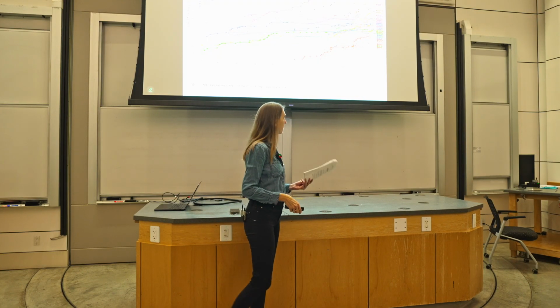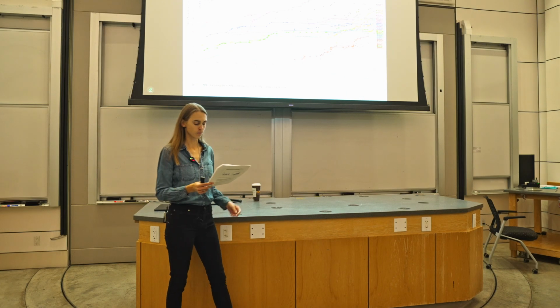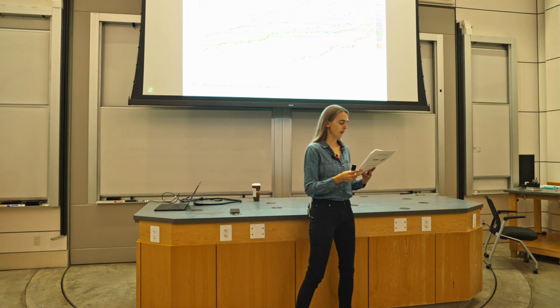You can see that the lab efficiencies of those perovskite cells have increased from less than 14% to over 25% in less than a decade. And that's a feat that took silicon cells about 60 years. So really significant efficiency gains.